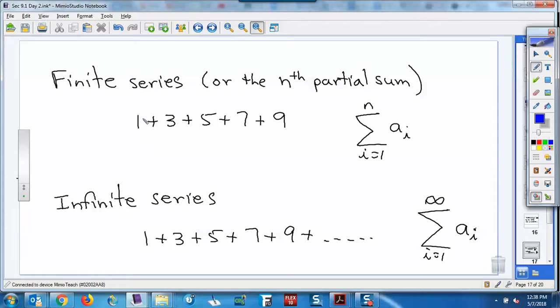So it becomes a series. And if I want the fifth partial sum, that means you add up the first 5 terms. That's what that means. Okay? So the fifth partial sum describes a finite series. You are going to add up the first 5 terms. Or the 8th partial sum is adding up the first 8 terms.